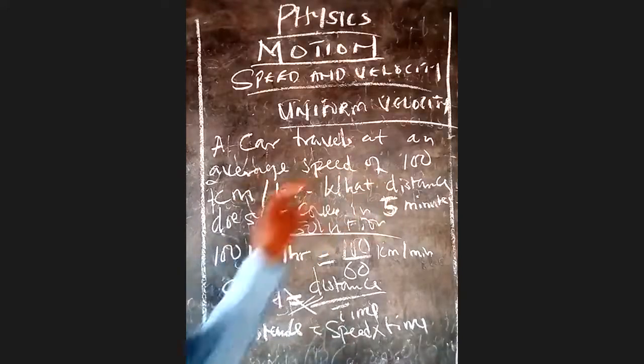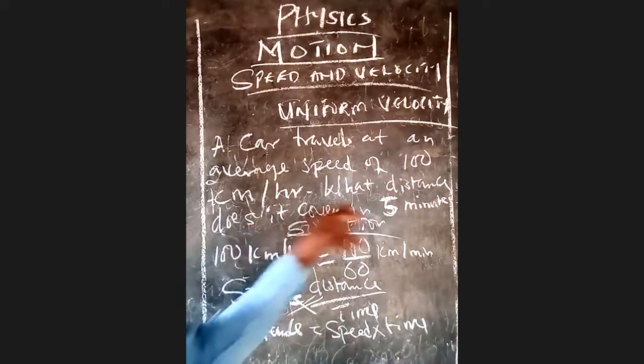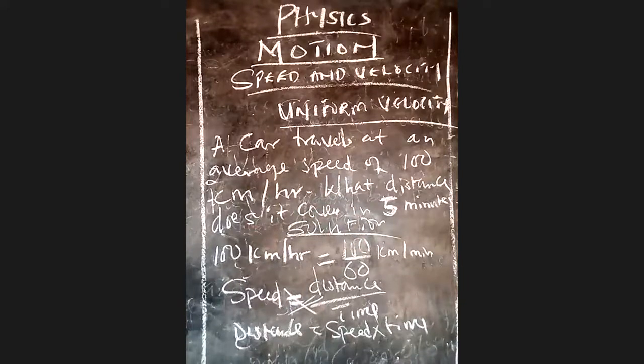The question says, what distance does it cover in 5 minutes? To find the distance, we must use the formula for the speed, which is distance all over time. We know our speed and we have our time, but the distance is what we need to find. So we can cross multiply. Then distance is equal to speed times time. So we multiply the speed by time, then we get our final answer.